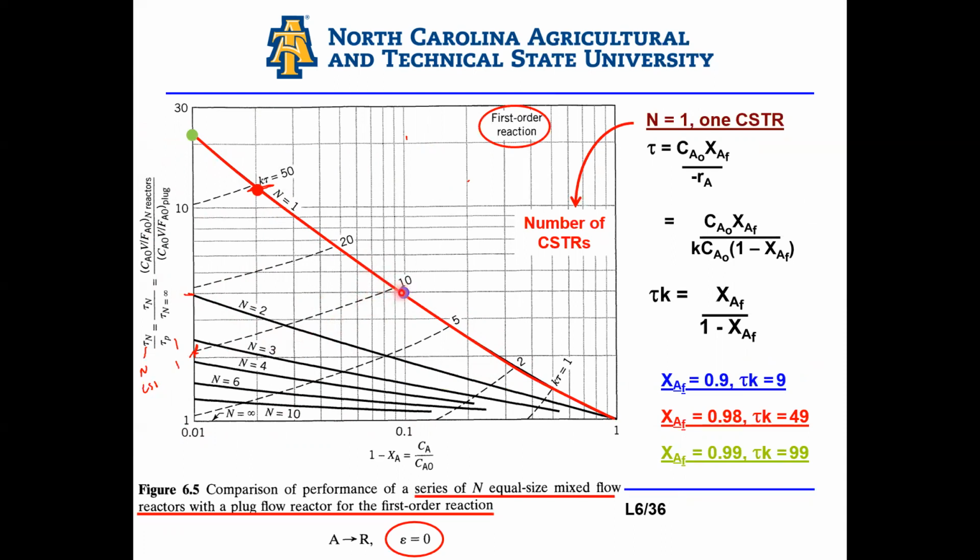So basically break up your CSTR into a bunch of smaller CSTRs with the same equivalent overall volume, and you can achieve the same conversion.